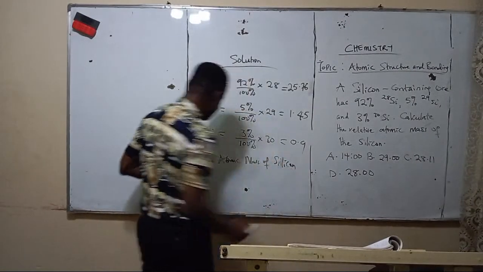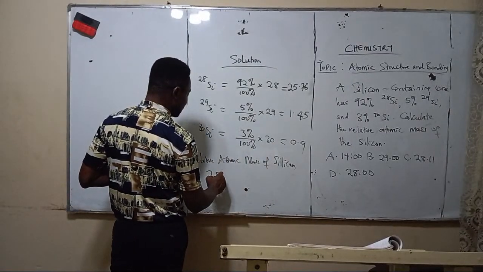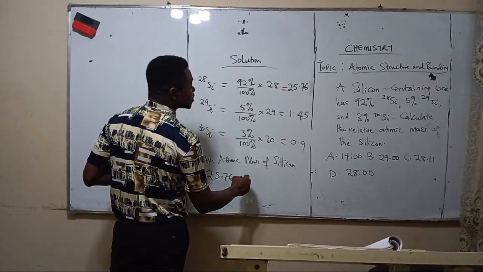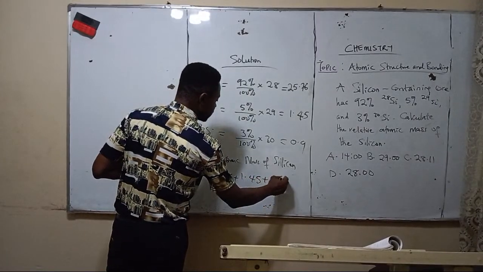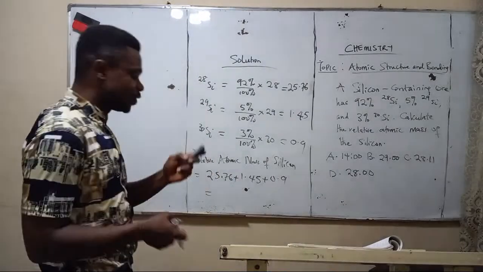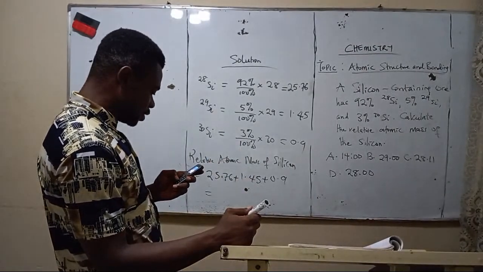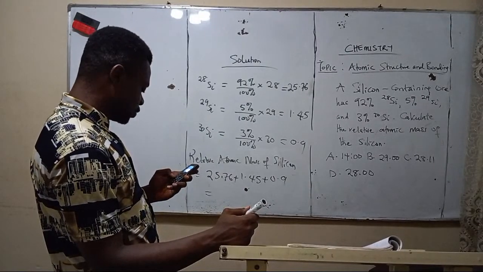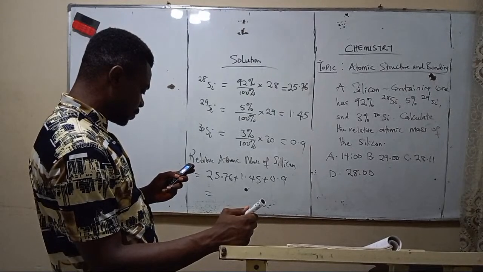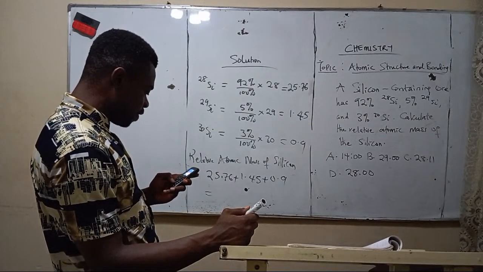So the relative atomic mass of silicon is now equal to, you add up, 25.76 plus 1.45 plus 0.9. Let's add up. 25.76 plus 1.45 plus 0.9.